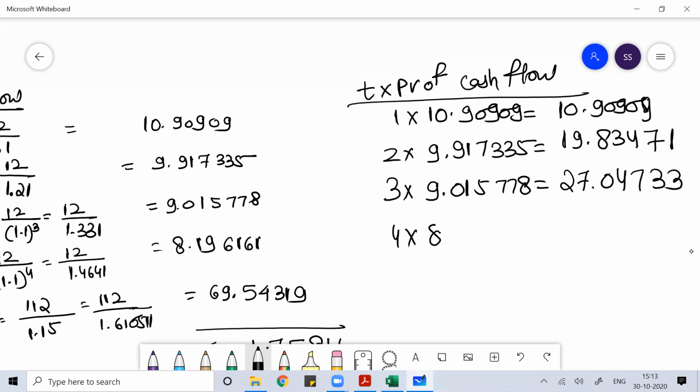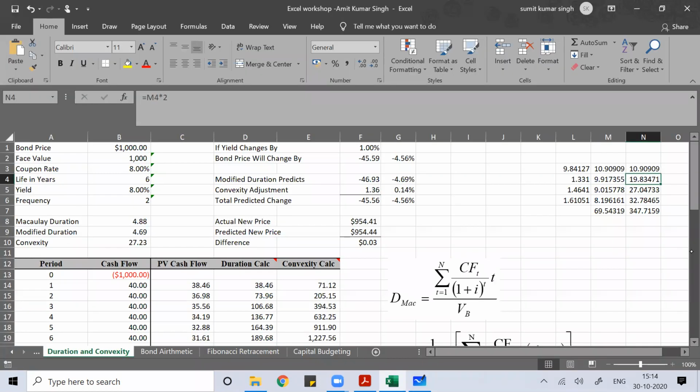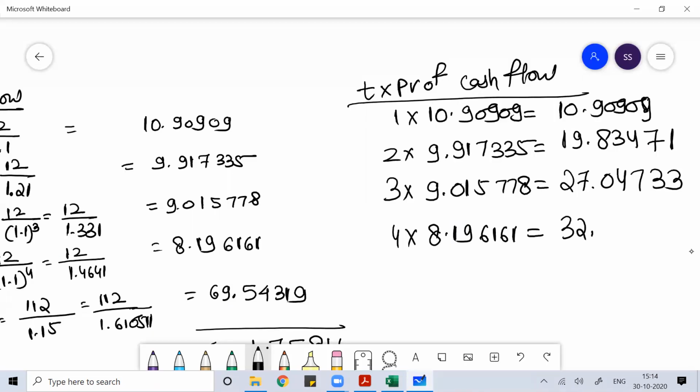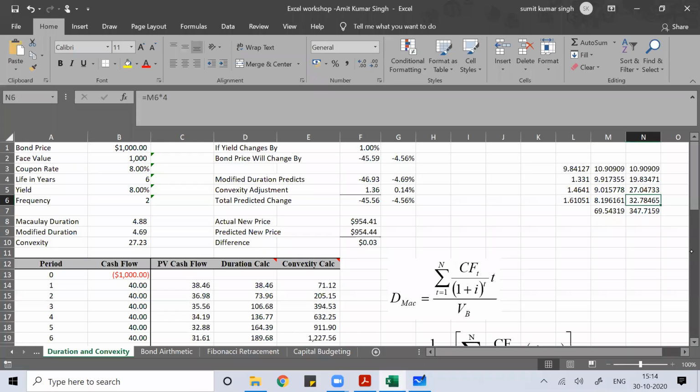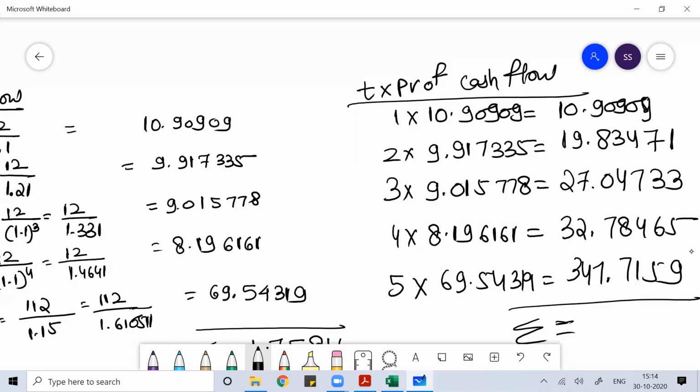Then 4 into 8.196161 is 32.784, then 5 into 69.54319 is equal to 347.7159. Do the sum of this: 438.2917.